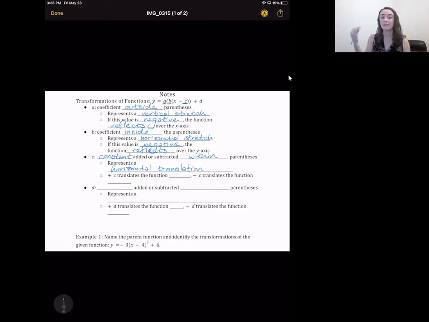If we have a plus c, a positive c, this translates to our function moving to the left. Plus c moves our function to the left, whereas a minus c will translate our function or move our function to the right.